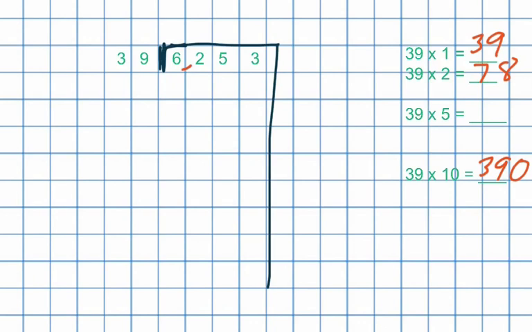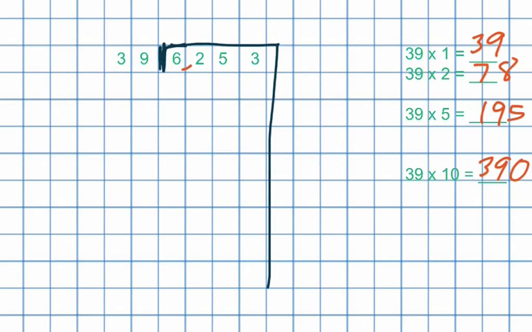All right, 390 is almost 400. So half of 400 would be 200, but it was 10 short, so half of 10 is 5. So we're going to subtract 5 from 200, which would be 195.